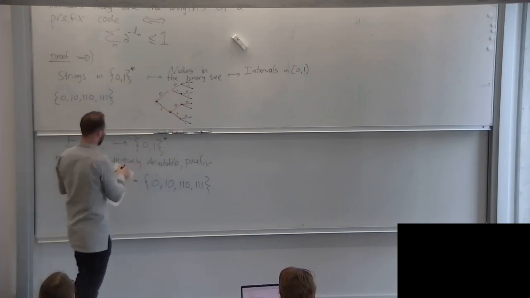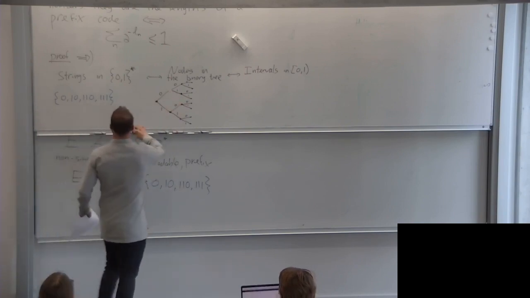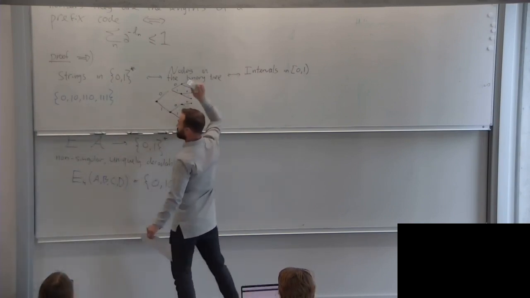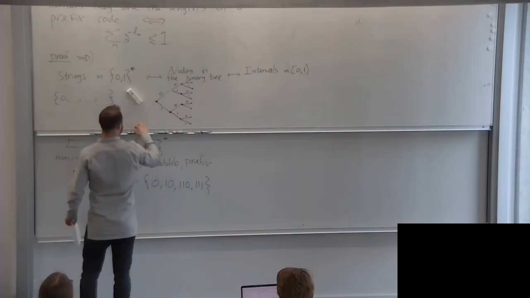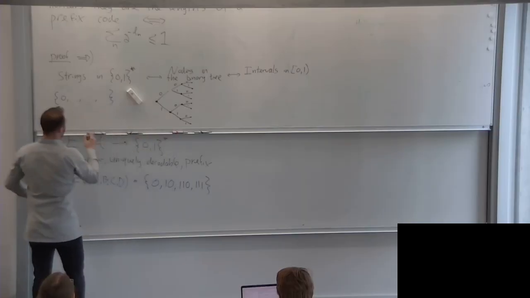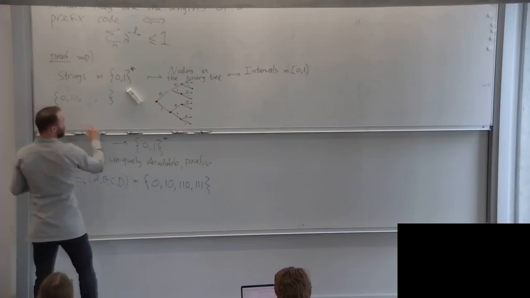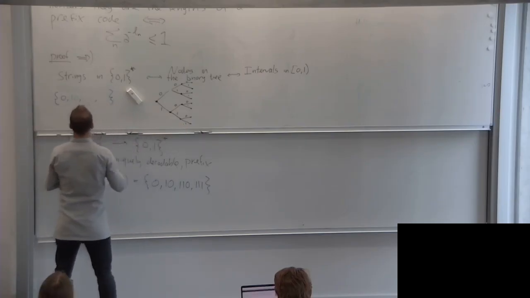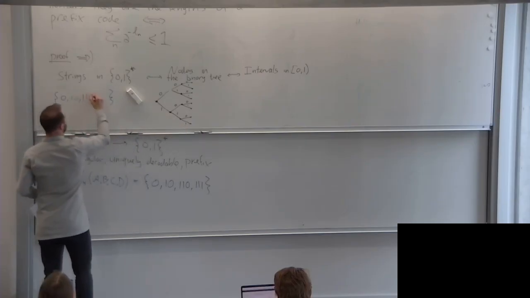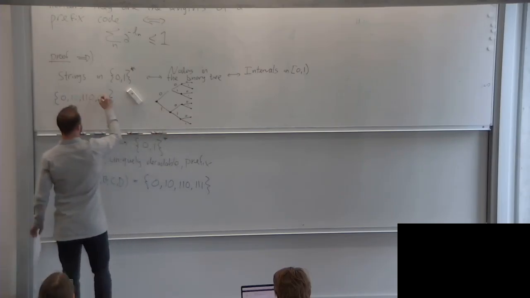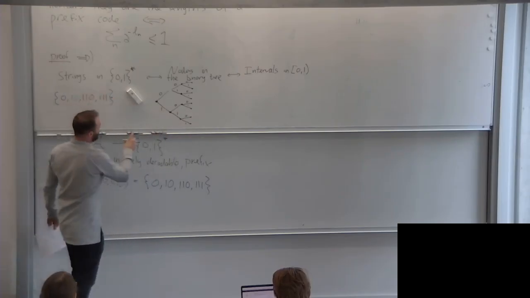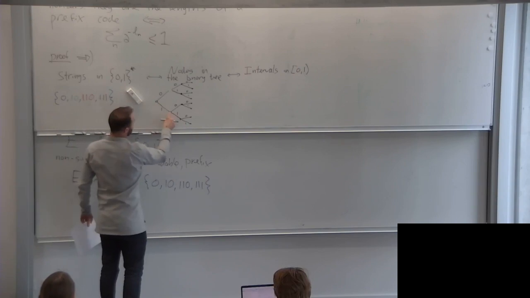Oh, in fact, since I have 4 colors and 4 code words, it's worth being even more fancy. 1 0 in green. 1 1 0 in red. And the last one's going to be in black, 1 1 1.